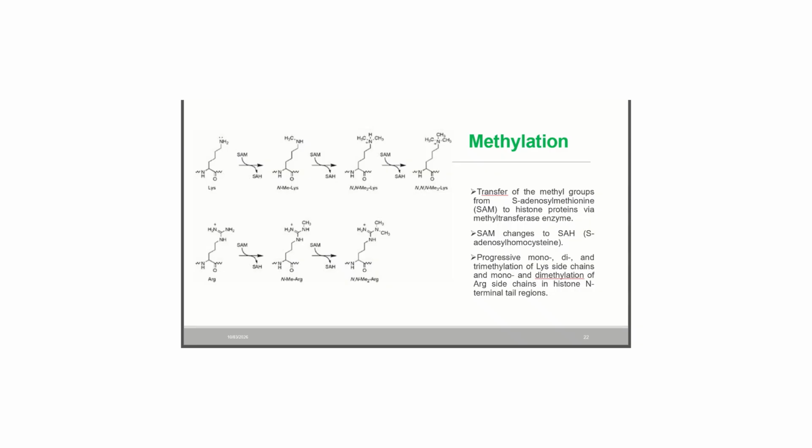It could be added as mono or di or tri, according to the type of protein and according to the function of this protein. But at the end, the source of the methyl group is S-adenosyl methionine, which is found as a chemical component within the cellular solutions.